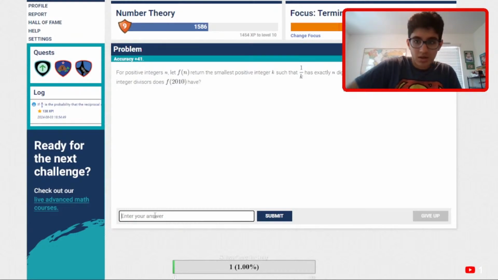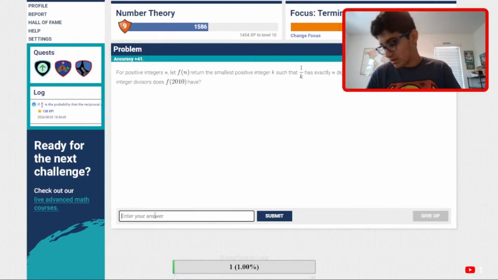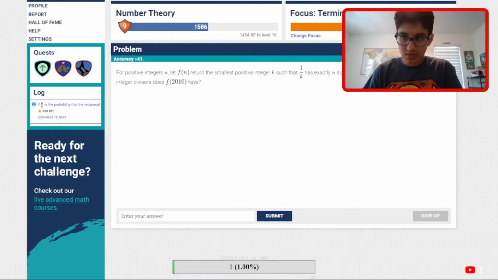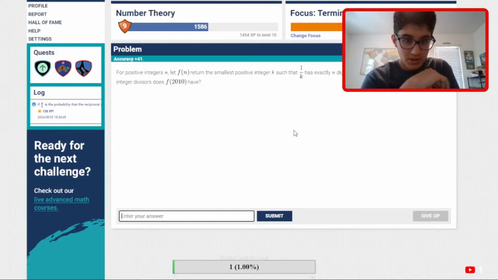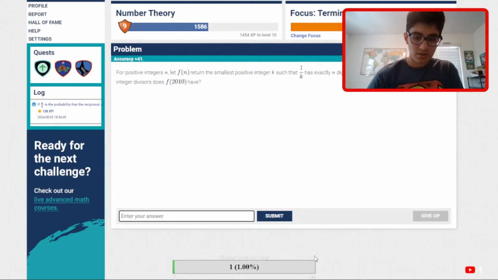So there should be 2010 repeating decimal points. I have no idea about how to do this. Wait. For positive integers n, let f of n return the smallest positive integer k such that 1 over k has exactly n digits. So it should have 2010 digits after the decimal point.